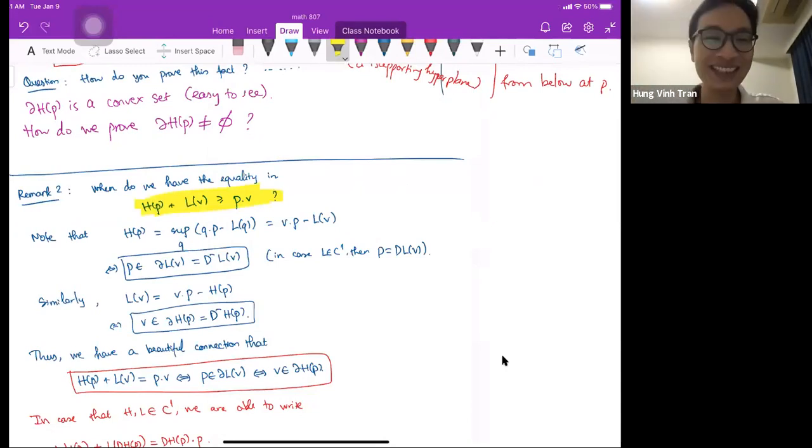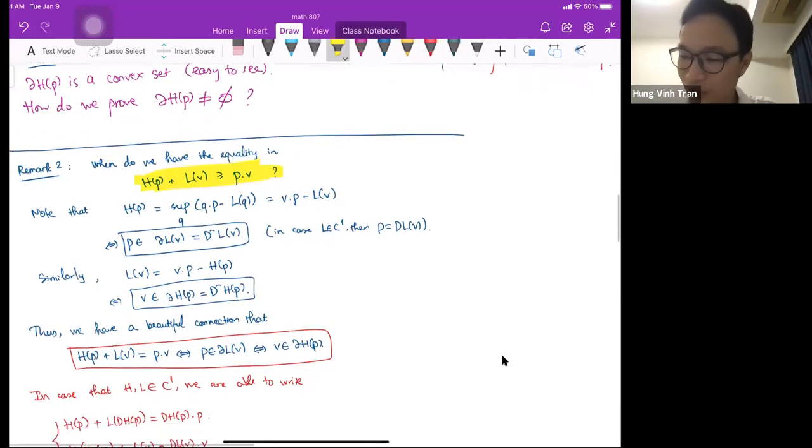Maybe it's going to occur in every lecture in our class. Maybe I'm wrong, but anyway, it's a very important inequality. And the question is always, when do we have equality?